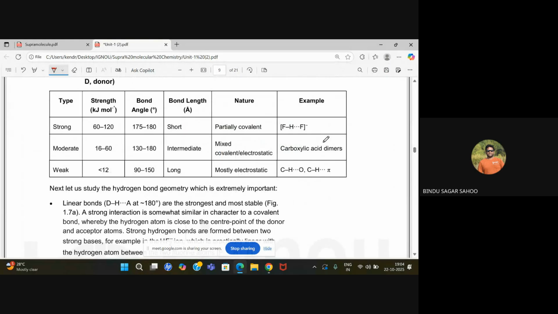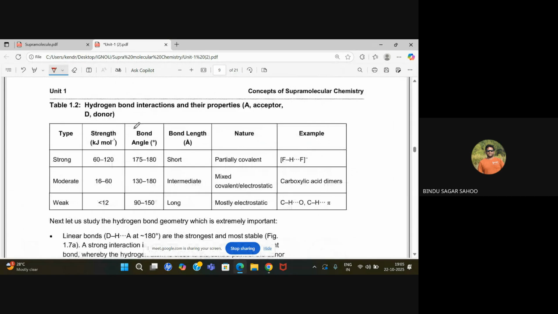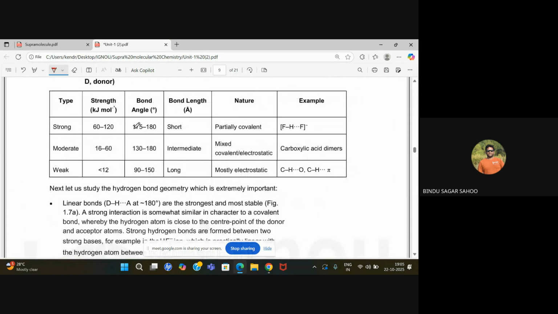And the third, weak type of hydrogen bonding interactions, are just like one atom's C-H interacting with another atom's oxygen, and one atom's C-H interacting with the pi electrons of another atom or another molecule. So according to their strength, we can divide hydrogen bonding into three types: one will be strong, another moderate, another weak.